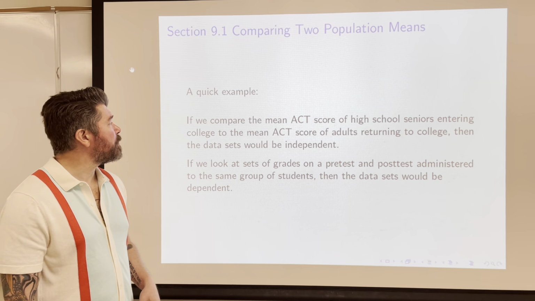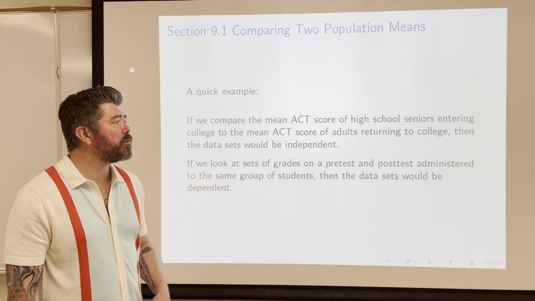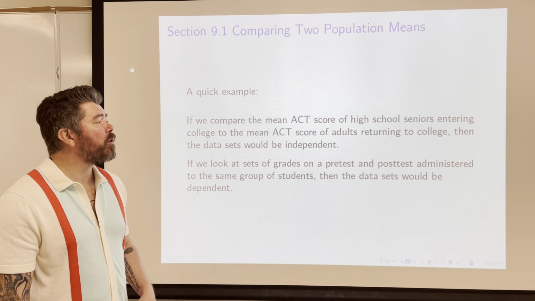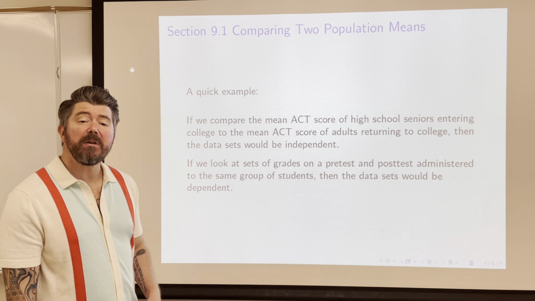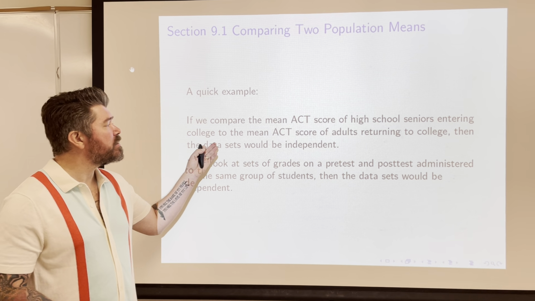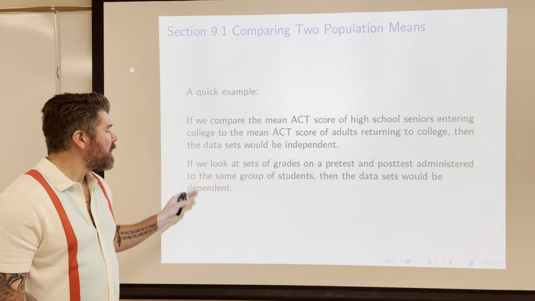A quick example. If we compare the mean ACT score of high school seniors entering college to the mean ACT score of adults returning to college, then the data sets would be independent. This is because each student has their own score.